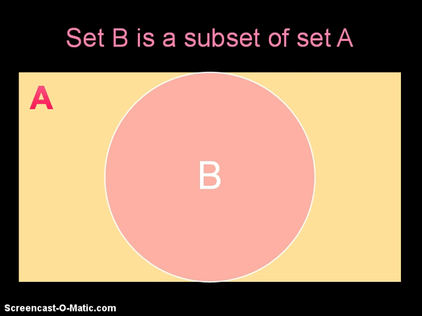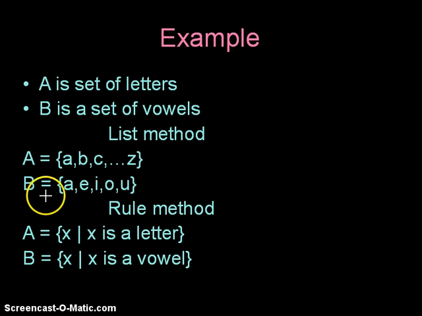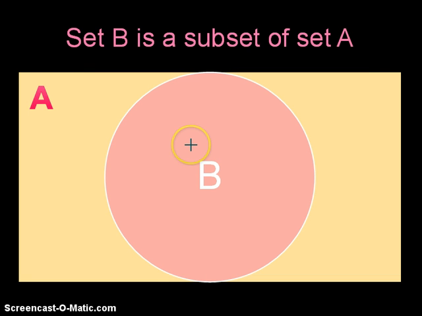Before, we had the vowels A, E, I, O, U. So we can put those elements inside our B. So we have here A, E, I, O, U. Those are the elements of B.